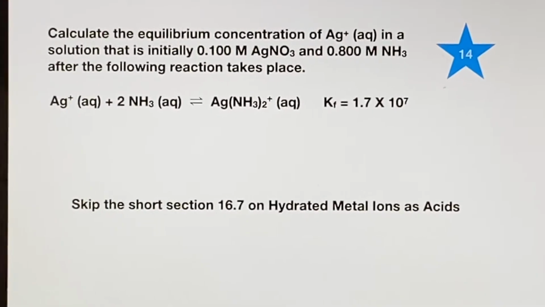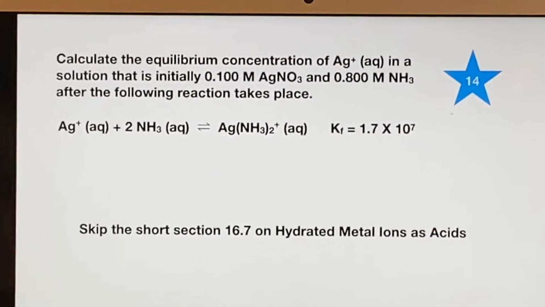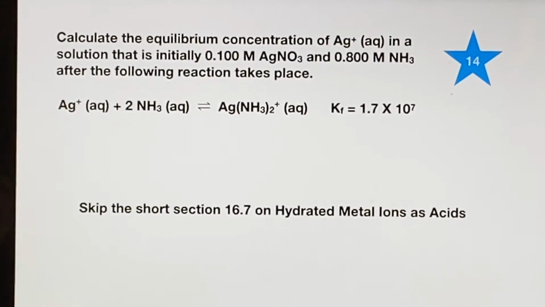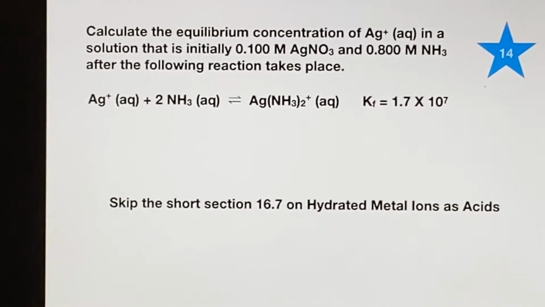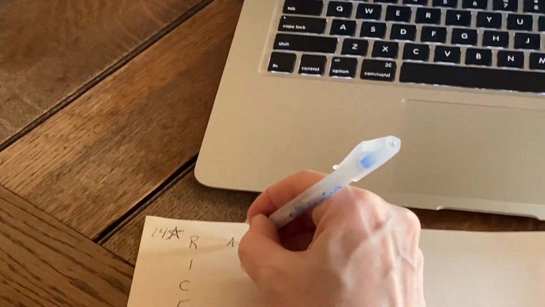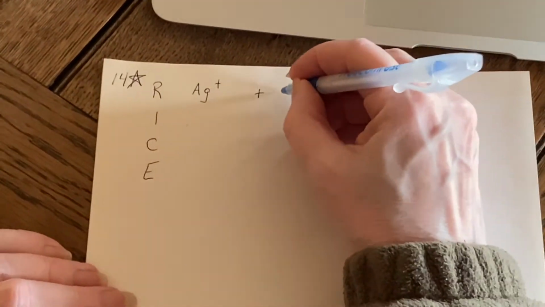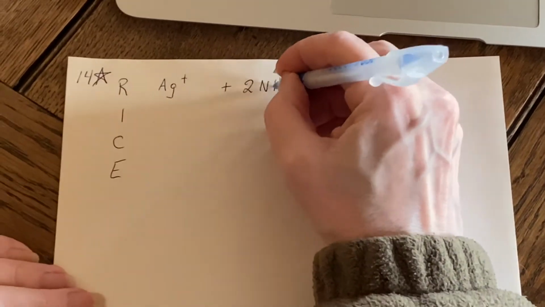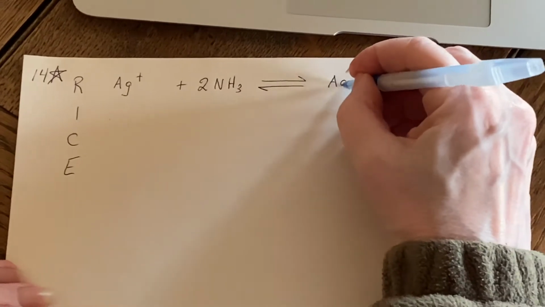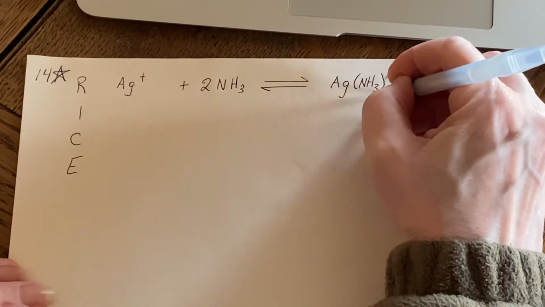It says that we have some information given to us about initially. Initially kind of implies I'm going to use a RICE table, right? Okay, well, I'll write it down. RICE table. So the reaction they've given to us, that's nice of them. That's a silver ion. And it says that I have ammonia in equilibrium with silver and ammonia attached to it.